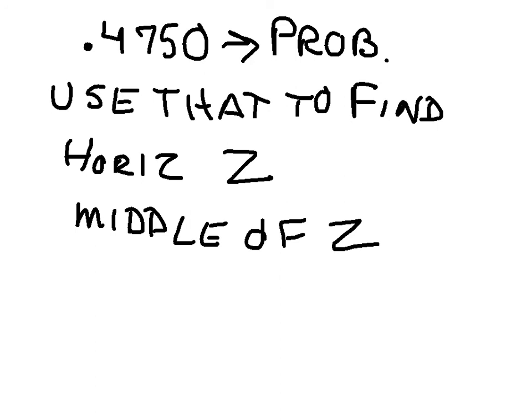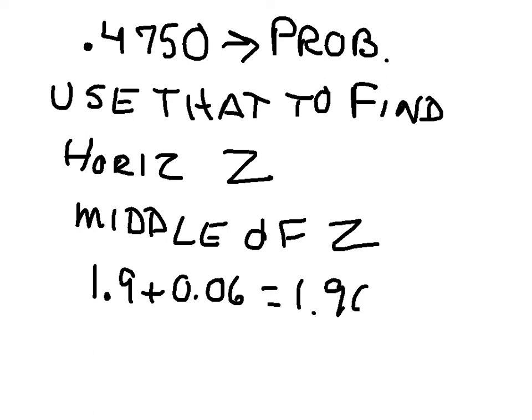And we will see, as we always see, that the closest hit for 4750, you pick up 1.9 from the left plus 0.06 from the top, and you will get 1.96. So that is the horizontal value you will use when you're finding your z values. Okay? Good.